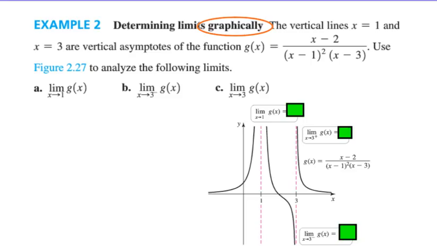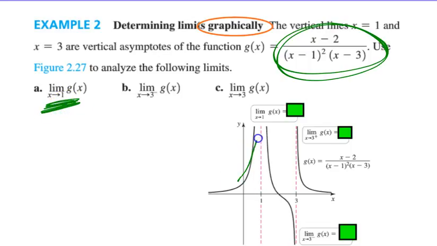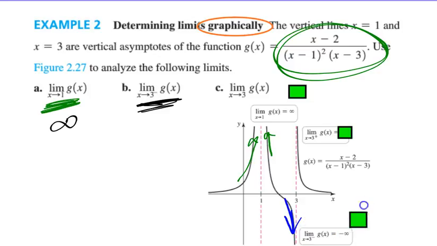Here's a function. I cannot cancel or reduce. In order for the limit of 1 to exist, the left limit has to equal the right limit, and it does. So I would say A's answer is infinity. B is only looking at 3 from the left side. So from the left side it looks like I'm approaching negative infinity.